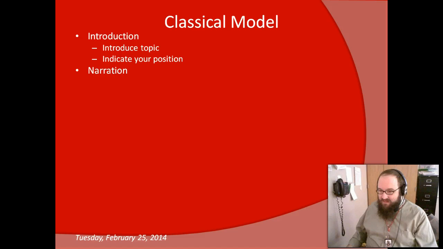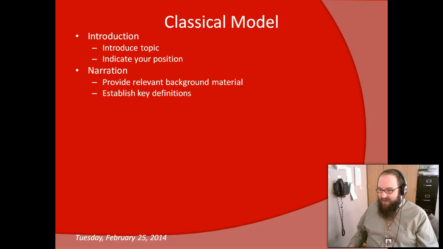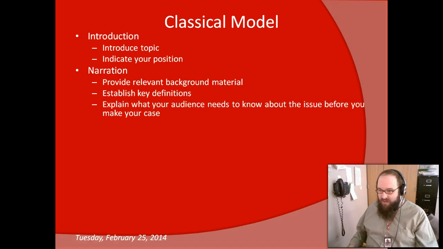Next, the section after you've introduced the topics is what the Greeks called narration, where you provide relevant background material and establish any key definitions that must be established up front before you can move on. Here is where you also explain what your audience needs to know about the issue before you make your case. So it's the background stuff and the assumptions you need to outline and decide on before you can start arguing.